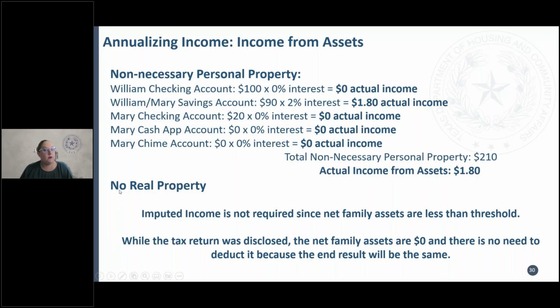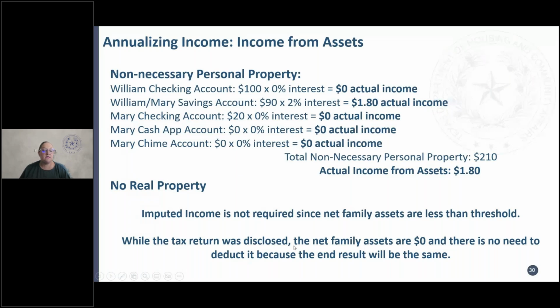There was no real property for this household, so we didn't have to go any further. Imputed income is not required since net family assets are less than the threshold. And all of these had a discernible rate of return. We could find out that they were the interest rates or lack thereof on there.